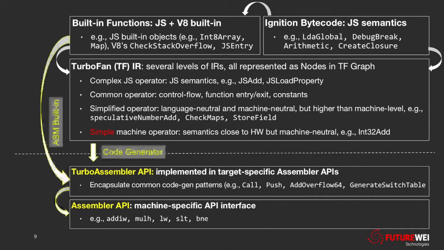This happens in the code generator. Another is lowering from the built-in functions. There is a special type of built-in function that is almost like assembly code, and those ASM built-ins directly invoke the TurboAssembler API. So those also need to be ported in the new backend. Basically, the new backend needs to address those pieces highlighted in yellow.